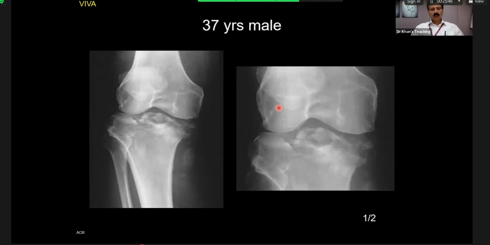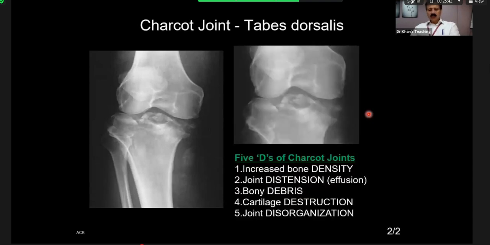Now, the point is that in Charcot joints, remember the 5 Ds. Increased bone density, distension as in effusion, bone debris. So what happens is that the bone is cut into pieces, cartilage destruction, and joint disorganization.